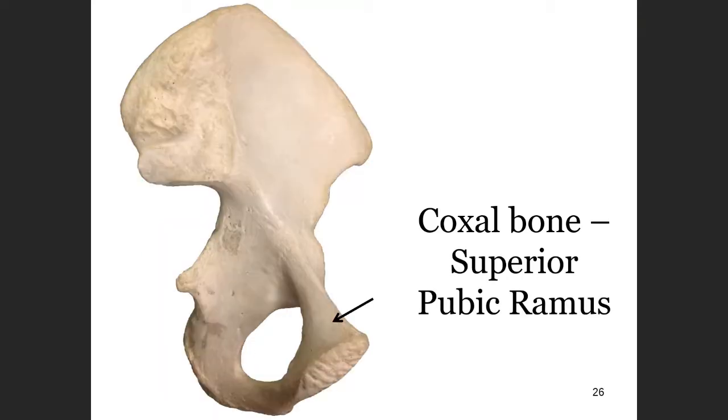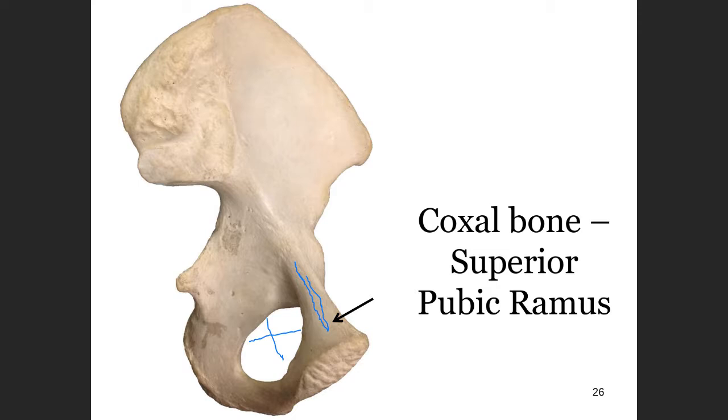All right, on to the last of the three bones here for the os coxa. This is the pubic bone. So you have pretty much extending out from the body here, superiorly above this structure right here. That's the obturator foramen. We'll see that in a second.